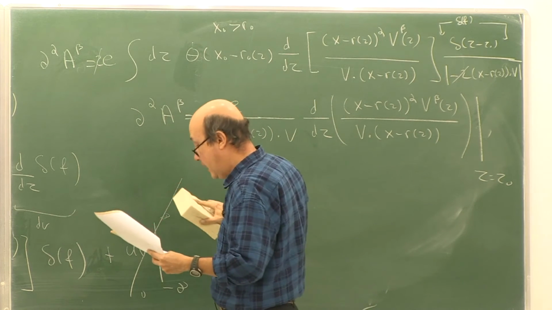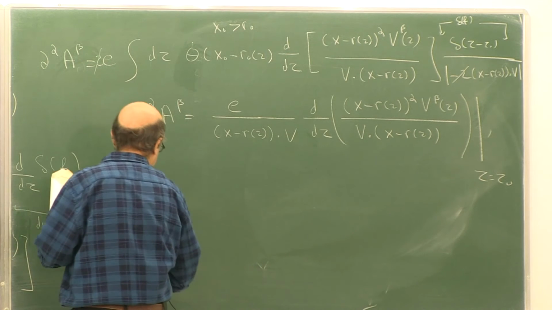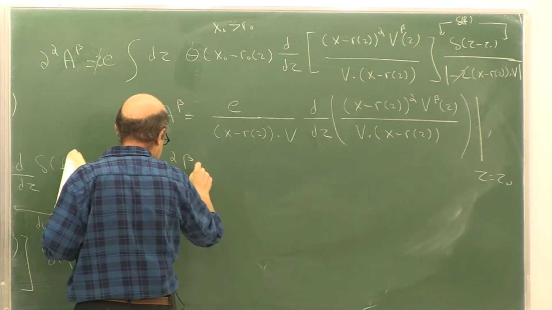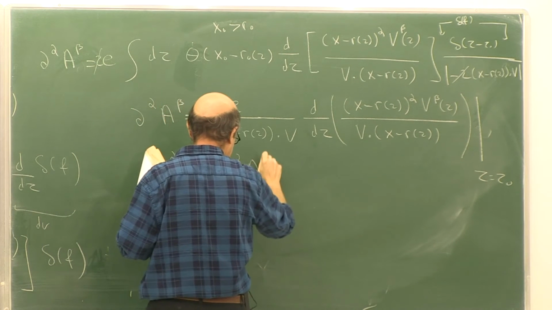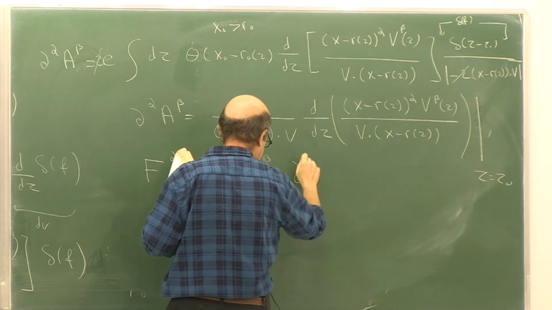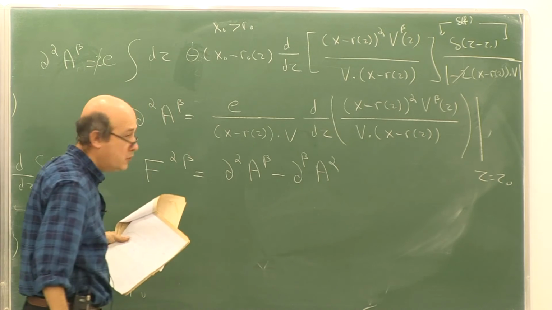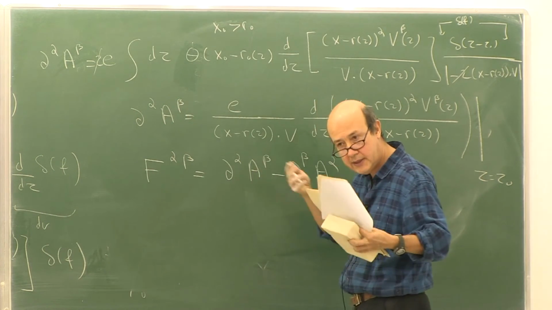So if you want to evaluate the field strength tensor, that is nothing but del alpha A beta minus del beta A alpha. All you have to do is switch the indices, or do the calculation again.